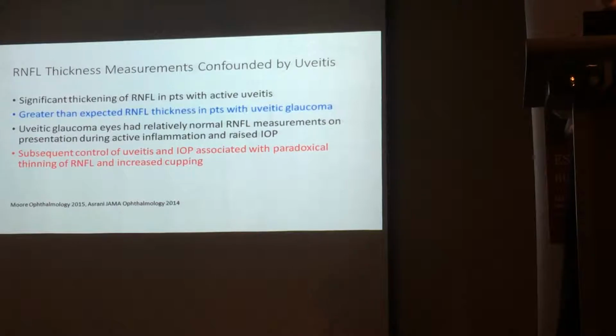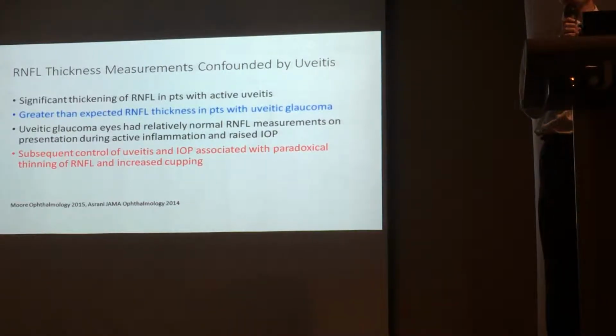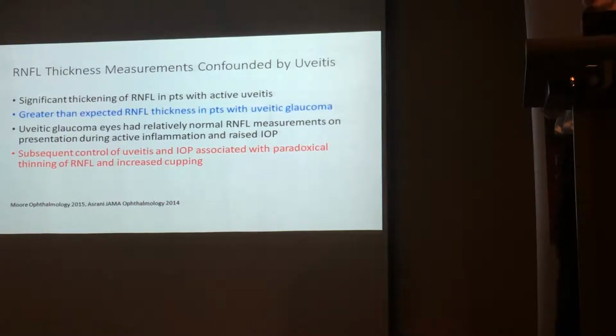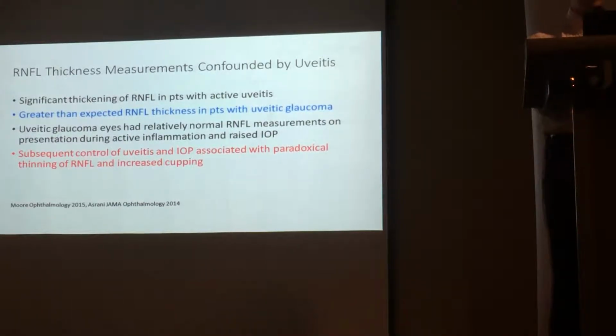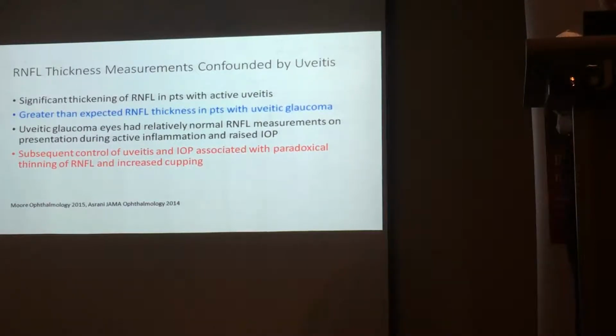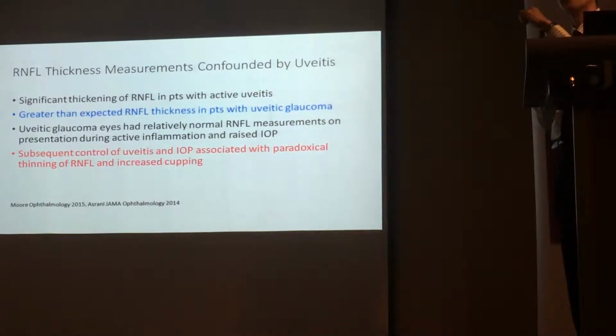And sometimes the anterior chamber may look very quiet, there are no cells floating around in the vitreous, but still there can be swelling. Not always perceptible when you do a biomicroscopy, but there could be. And as a result, there could be a greater than expected RNFL thickness when you're doing the OCT scans for these patients with uveitis.